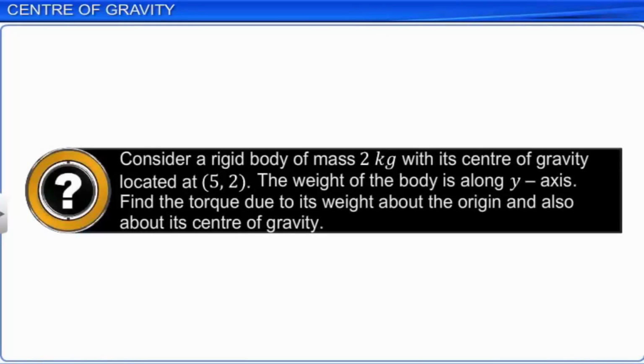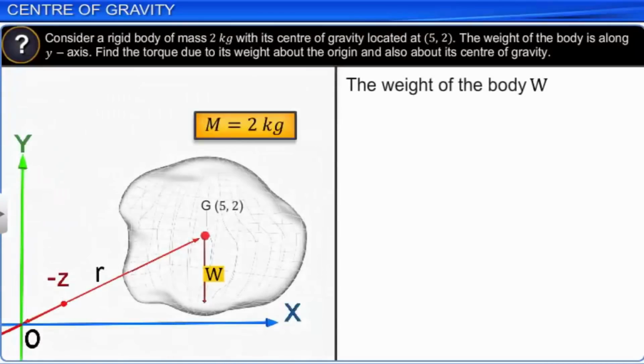For example, consider a rigid body of mass 2 kg with its center of gravity located at (5, 2). If the weight of the body is along the y-axis, find the torque due to its weight about the origin and also about its center of gravity. The weight of the body W is equal to mg is equal to 2 into 9.8, which is equal to 19.6 Newton.